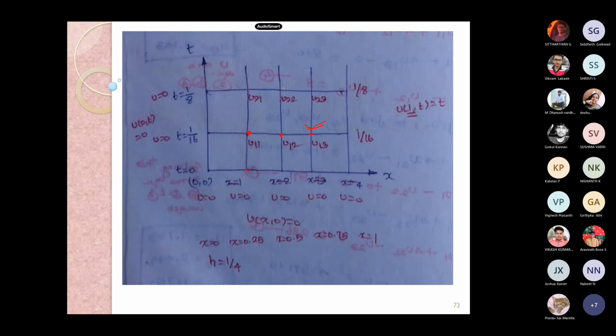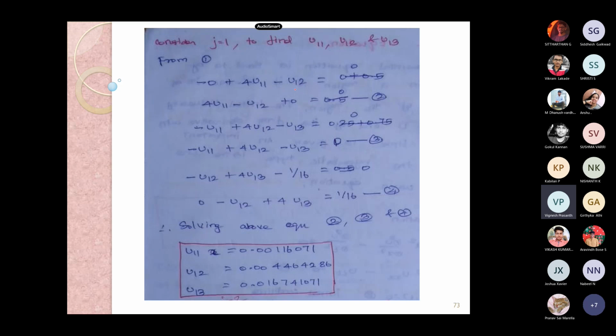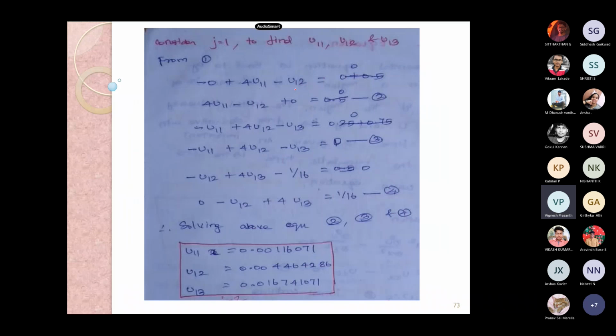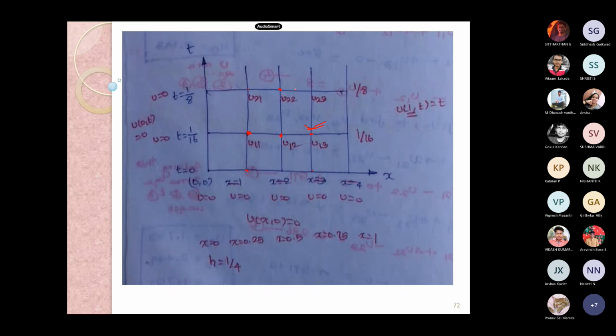Vignesh. Can you hear me, sir? Yes, Vignesh. Sir, minus u21 plus 4u22 minus u23 is equal to u11 plus u13. Okay, now tell me for u23.